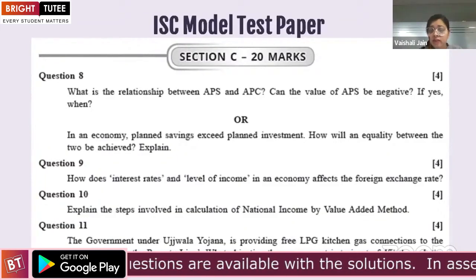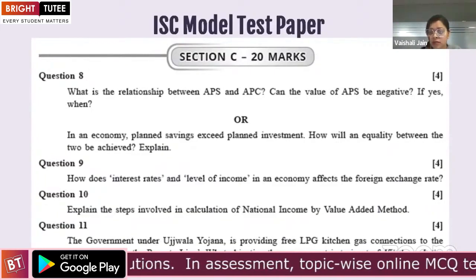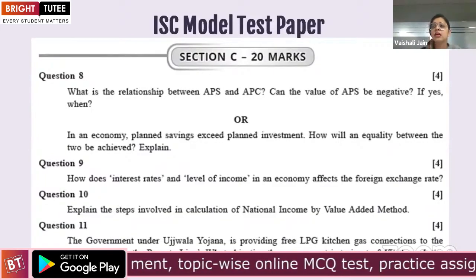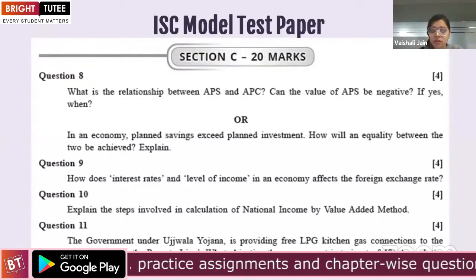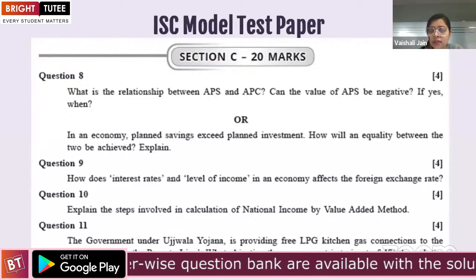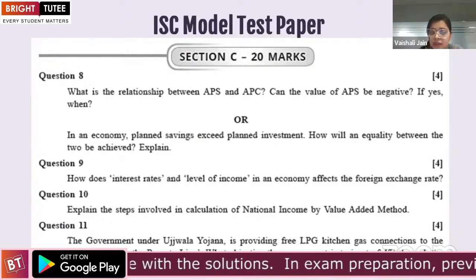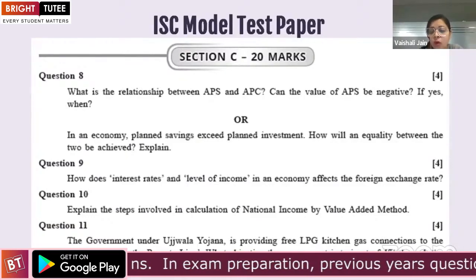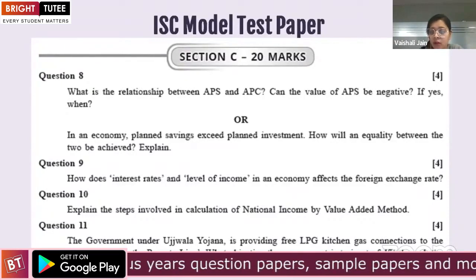Now, in question number 11, we can see that this is an application-based question. That's a little bit of a hodgepodge variety of question. The child has to see it's an application of GK in economics. The government under Ujjwala Yojana is providing free LPG kitchen gas connections to families below the poverty line. What objective is the government trying to fulfill through the government budget and how?